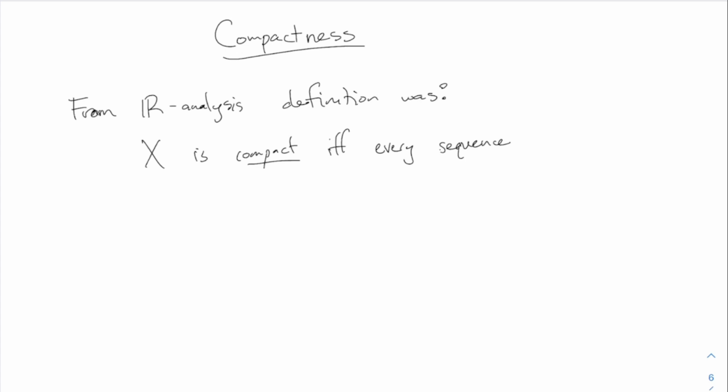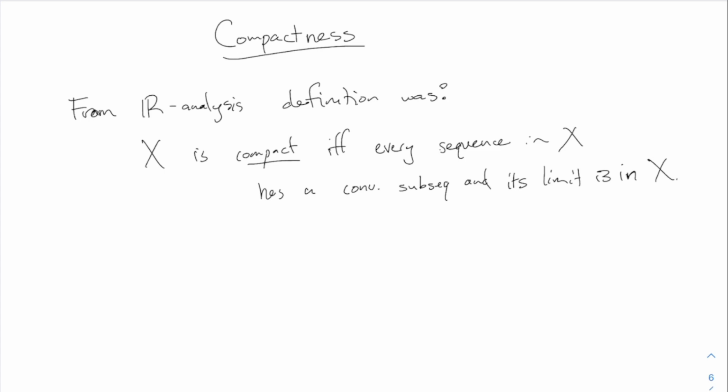Every sequence in X has a convergent subsequence, and that subsequence converges to something in X. A convergent subsequence, and I will say its limit, is in X. That's what the definition from analysis of compactness typically looks like.